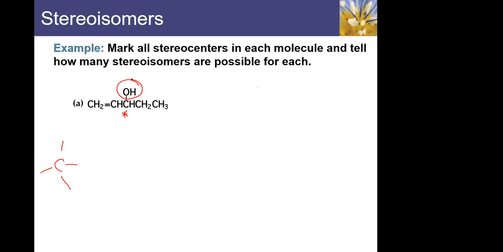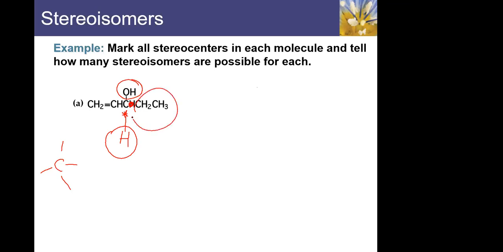Opening the structures will definitely help you, trust me, by putting in as many hydrogens as needed. The hydrogens are hidden sometimes in cyclic structures, right? So opening structures will help. I have one different group here, one different group here, and different groups on this side.